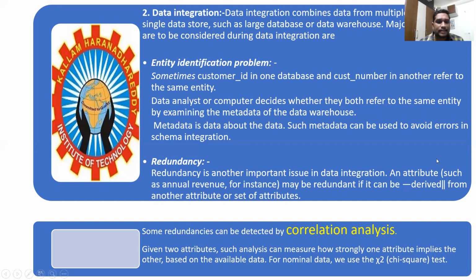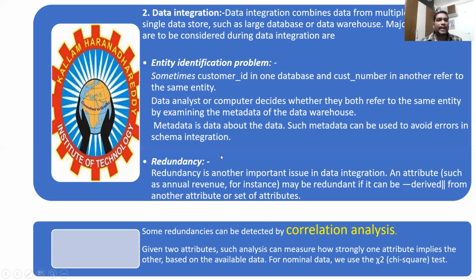For this, we use correlation analysis. Based upon this, you can identify whether there is redundant data or not. Given two attributes, such analysis can measure how strongly one attribute implies the other, based on the available data. For nominal data, we use the chi-square test.